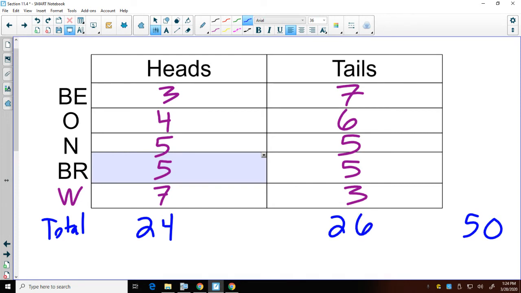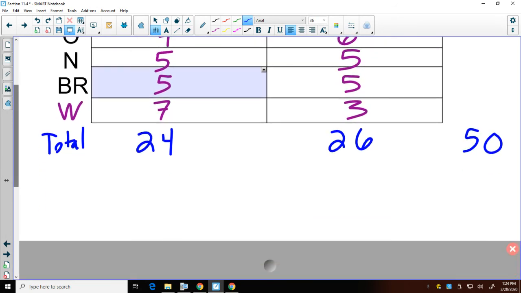If you're looking at this and figuring some things out, you're going to notice that the probability of heads was 12 out of 25. That's a reduced fraction because all I did was take the 24, put it over the 50, and reduce it down. That's 12 over 25.